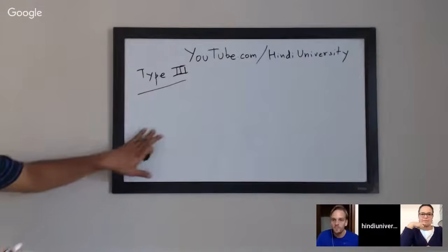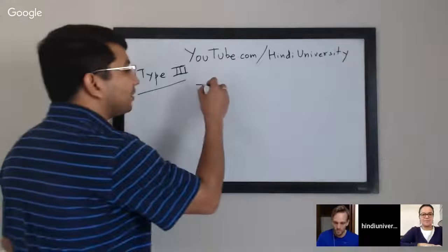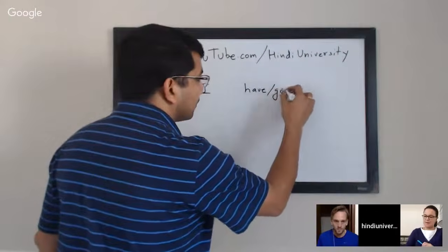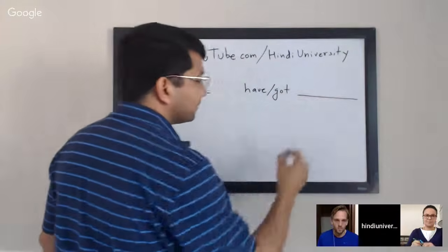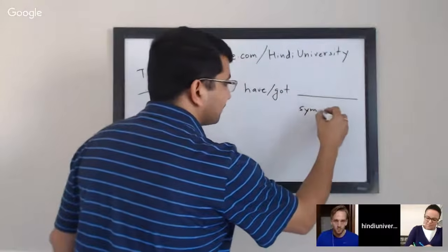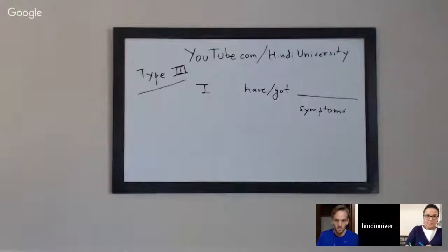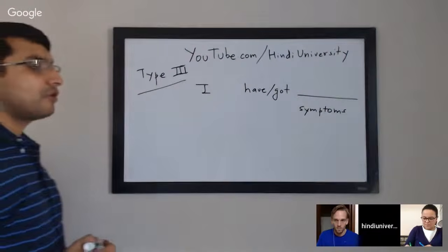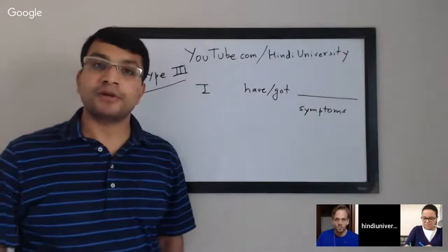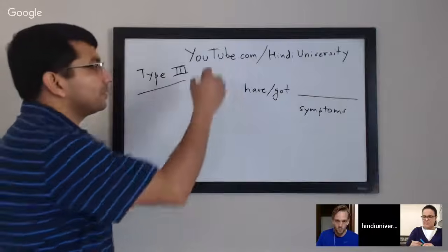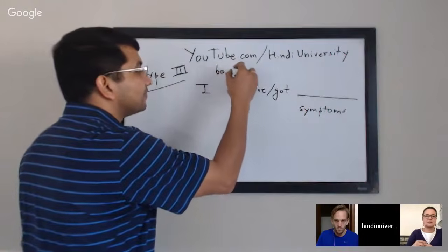In English, pretty much you will say I got or I have, and then you talk about the symptom. So type 3 is where you have some sort of symptom like a fever or any kind of bodily symptom. So I'm going to just call it bodily symptom.